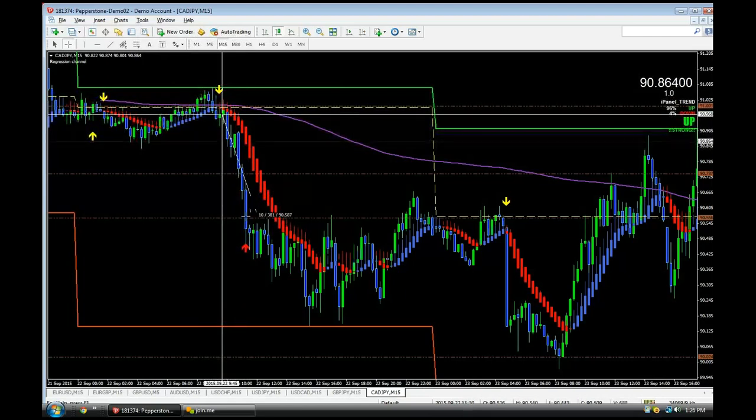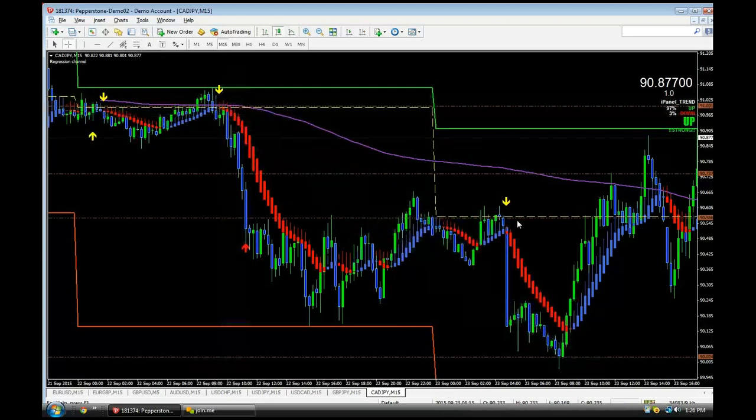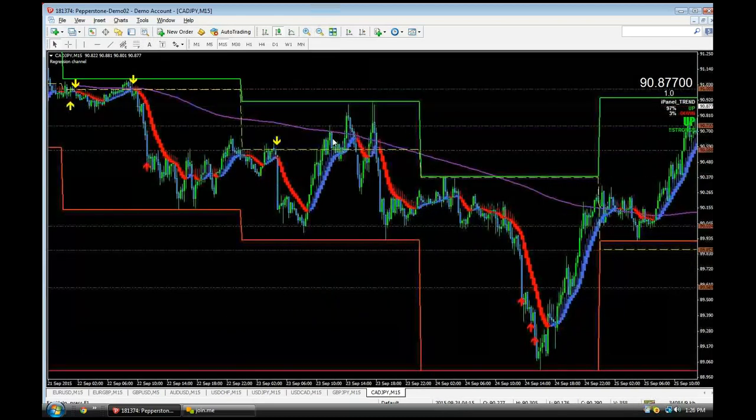I would have probably closed it around here, possibly even there for 22 pips. But yeah, you could have raked it, and you could have actually continued to ride it down. You wouldn't have been out of the money at any point, other than right there, 2 or 3 pips out. Yeah, that's very max though.